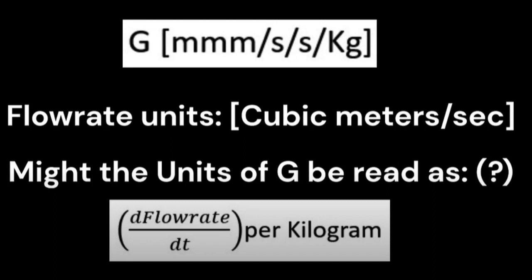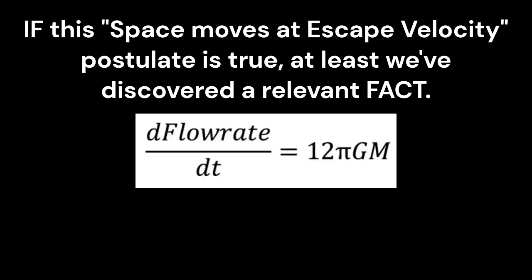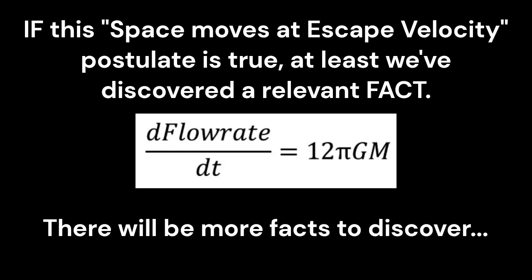That's a constant. So maybe there is some meaning to G after all. If this space-moves-at-escape-velocity postulate is true, at least we've discovered a relevant fact about it: d(flow rate)/dt equals 12 pi GM. There's going to be more coming, more things to discover, but this is a step forward.